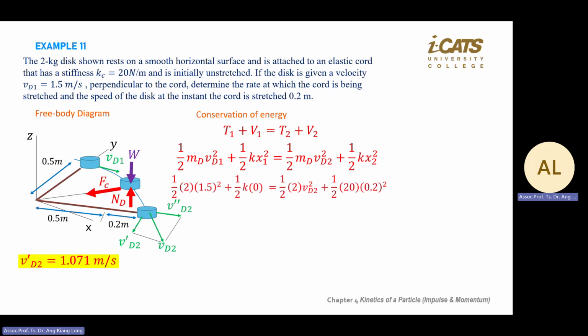You put in all the values there. x is the extension of the spring. Before is 0, after is 0.2, you stretch 0.2. Put in all the values. V2 radial is missing in the equation. So V2 radial equals 1.360.